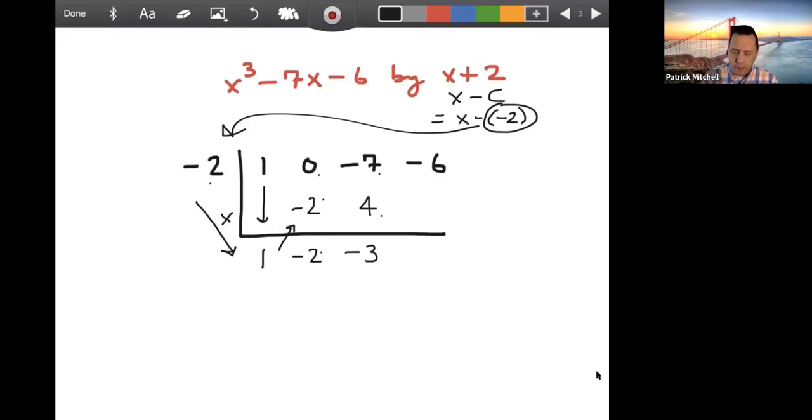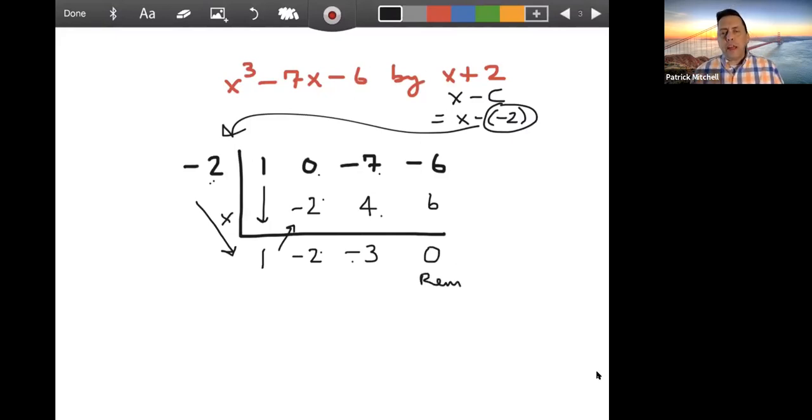And one more time, I'm going to multiply. -2 times -3 is +6. -6 plus 6 is 0. All right, so the 0 is the remainder.